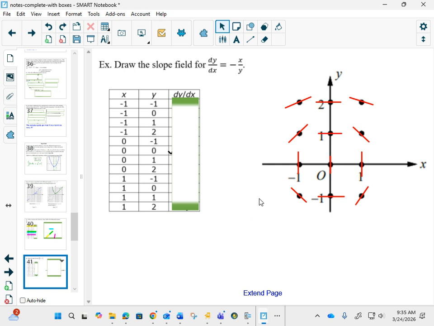And I'm just going to put up the slope field for the next one so you can check your lines. If your lines match up with mine, then your numbers in the column will have matched up. But I don't want you to check the numbers because then you're going to be looking too long.